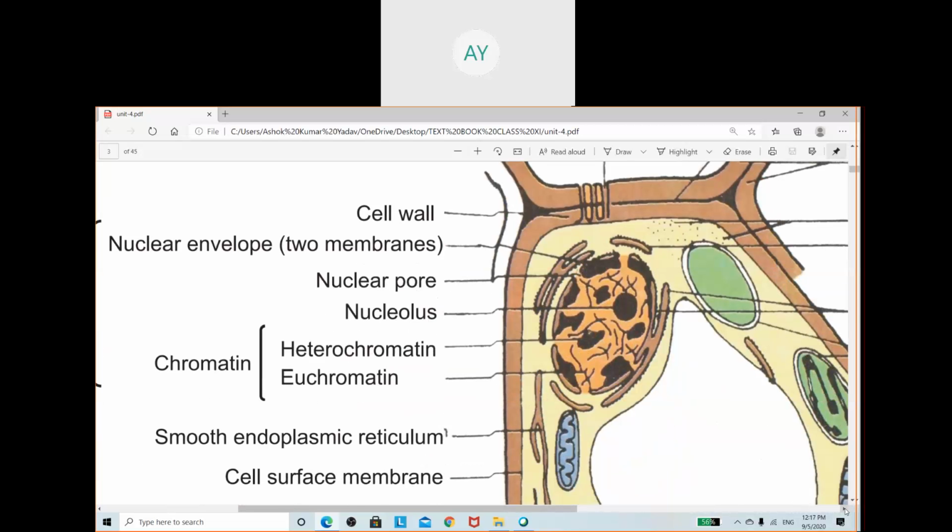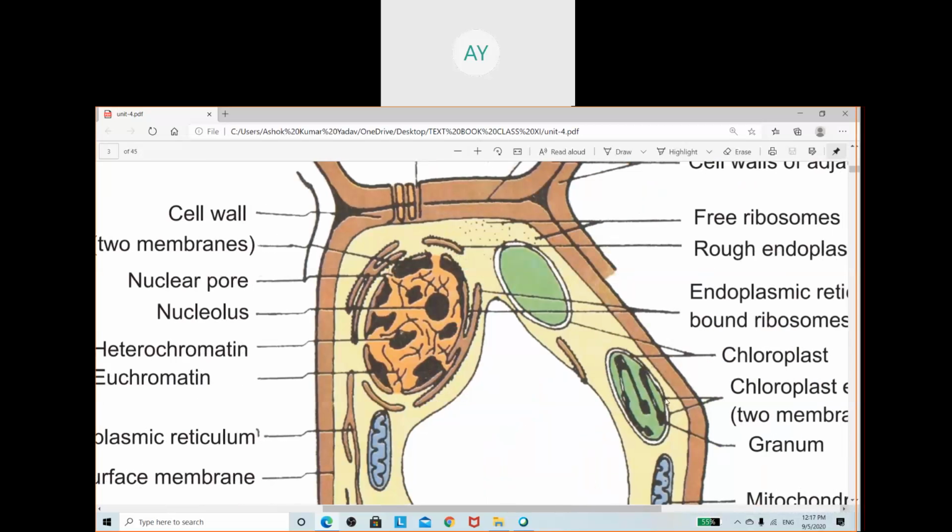If you draw it, you have to draw a coin-like structure, a stack of coin-like structures. One coin-like structure is known as granum. When 5 or 10 or more coins are stacked on each other, the whole structure, in plural form, is known as grana.